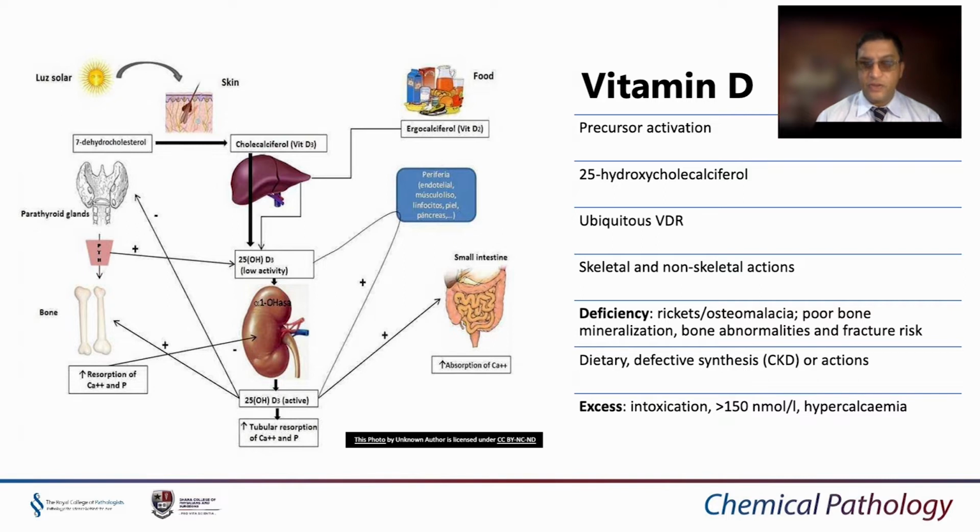The 25-hydroxylase and the 1-alpha hydroxylase is able to activate both cholecalciferol and ergocalciferol. Vitamin D exerts ubiquitous functions as the receptor is present in a large variety of tissue. The 25-hydroxycholecalciferol form provides the current best measure of body stores.